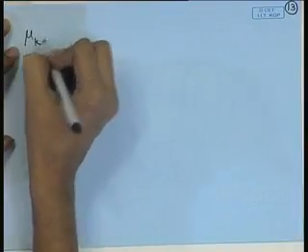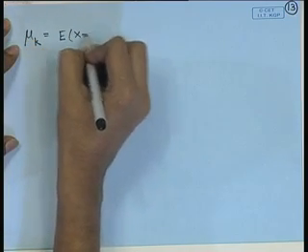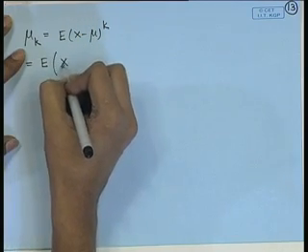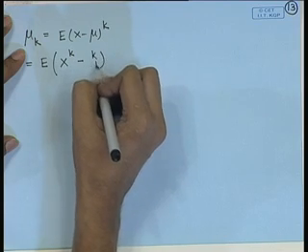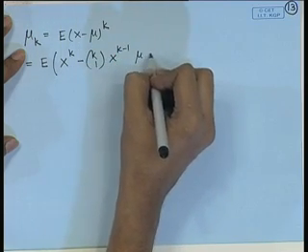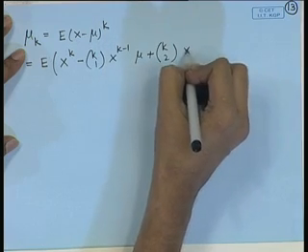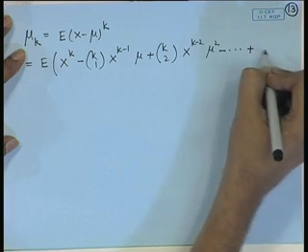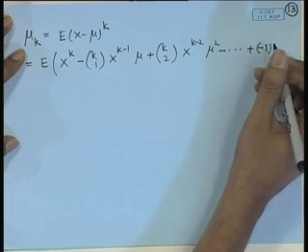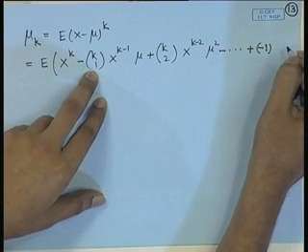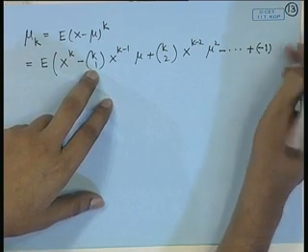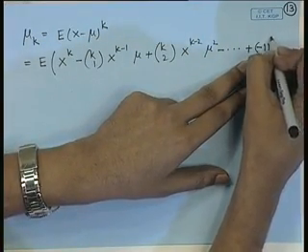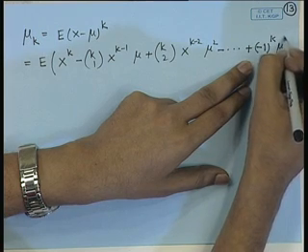If we consider mu k equal to the expectation of (x minus mu) to the power k, then using the binomial expansion, this becomes x to the power k minus k c 1 x to the power k minus 1 mu plus k c 2 x to the power k minus 2 mu square, and so on, plus minus 1 to the power k, mu to the power k.